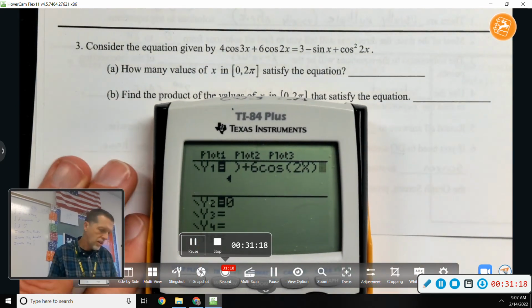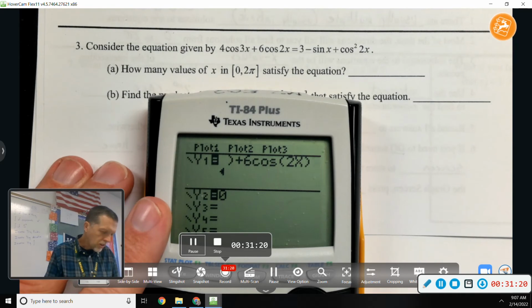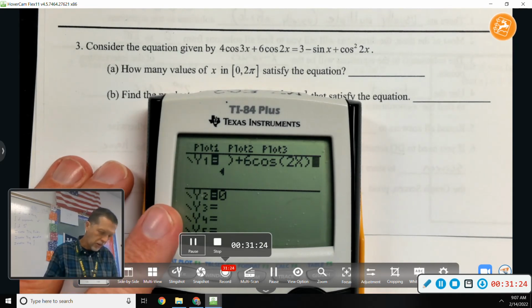So 4 cosine 3x plus 6 cosine 2x. I'm just doing it all in the calculator now. Minus 3 plus sine of x, careful with parentheses, plus cosine of 2x, but make sure I square the cosine.